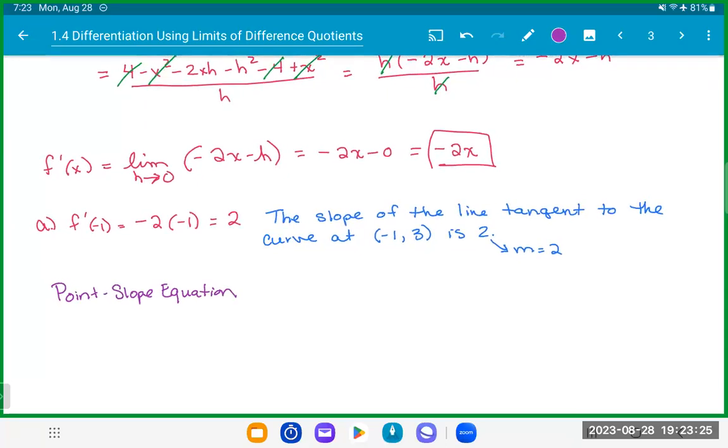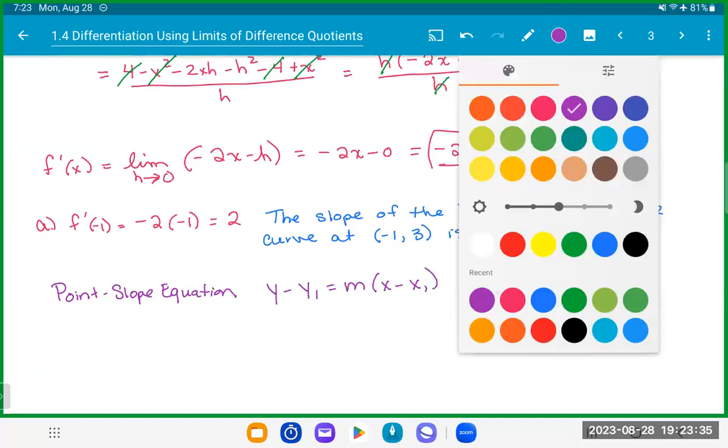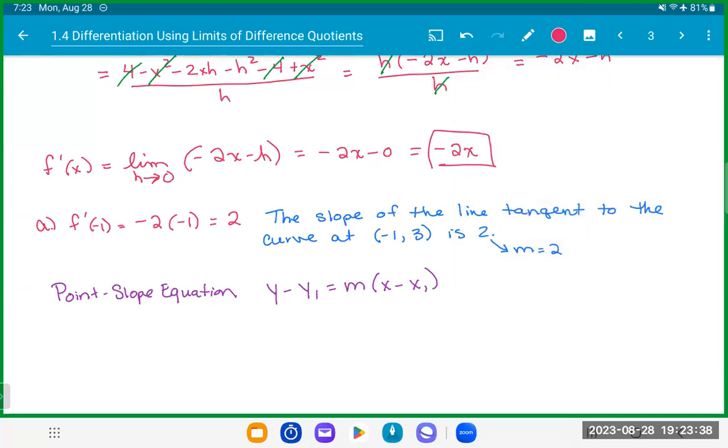Our point slope equation is y minus y1 equals m times x minus x1. And we just need to substitute in the things that we have. It gave us this point, so this is x1, this is y1, and this is m. So we plug those things in here.